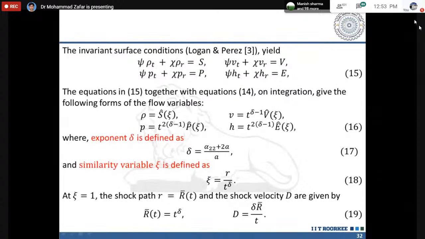Now we use the invariant surface conditions given by Logan and Perez in reference number 3. Let us see one equation here: psi rho t plus chi rho r is equal to f.